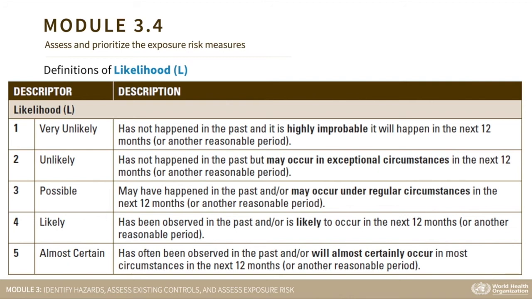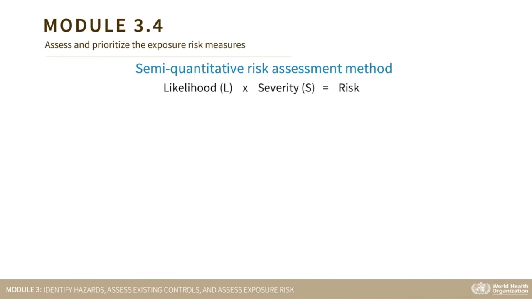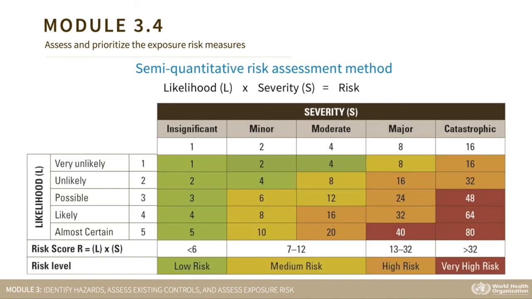The severity indicates if the consequences of the event are insignificant, minor, moderate, major, or catastrophic. The risk will be given by multiplying the likelihood times the severity. Using a risk matrix, the team arrives at a risk category or score.